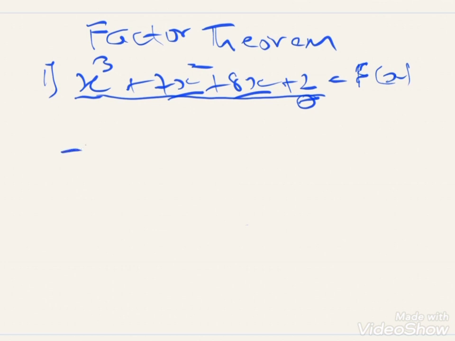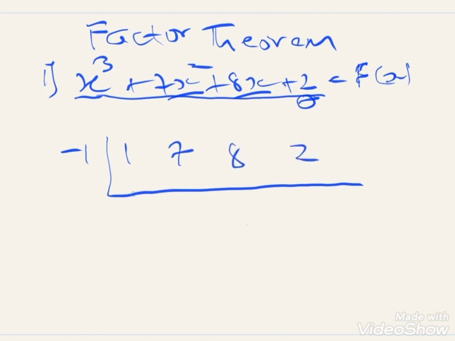I have -1 outside the line. The coefficients of these become 1, 7, 8, and 2. Now, bringing down 1, -1 times itself here is -1.